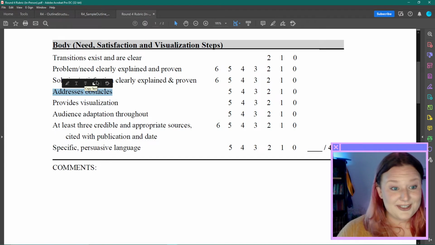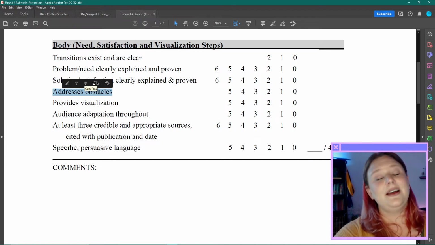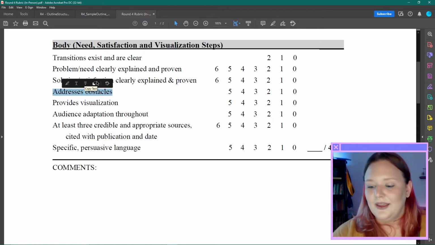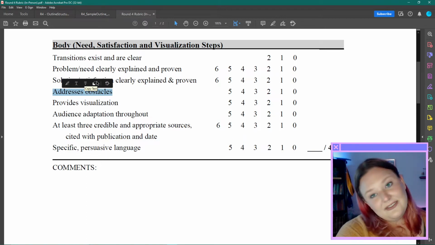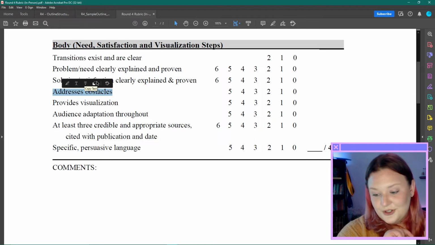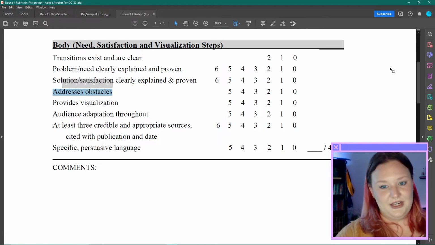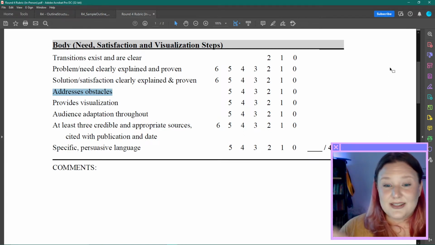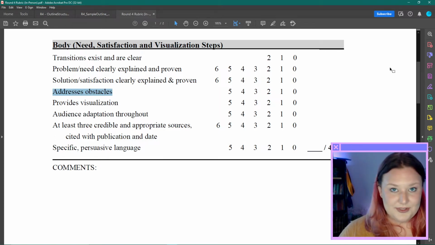Your obstacles are part of step 3, your solution and satisfaction. I'll be looking for you to identify and explain those two obstacles and include appropriate argumentation. Also, make sure you don't outright dismiss these potential arguments against or obstacles.